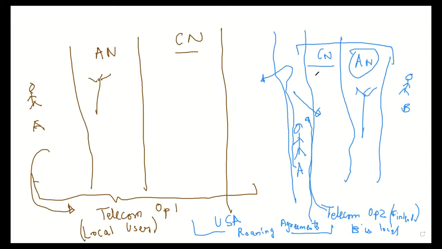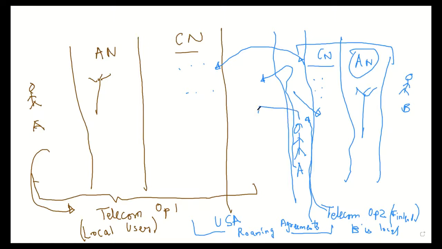And then some part of that core network, what that will be is beyond the scope of this current discussion. But let's say some part of that core network will interact with the core network of this telecom op 1. So the thing is that this entire service is called roaming.